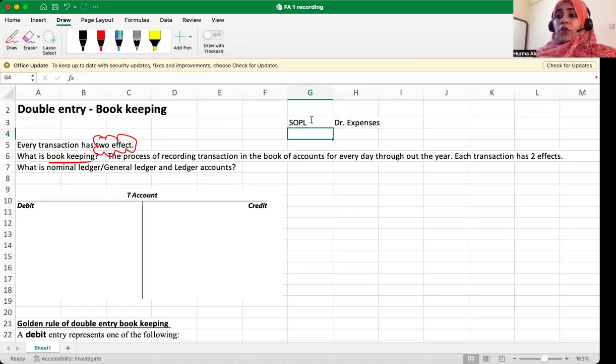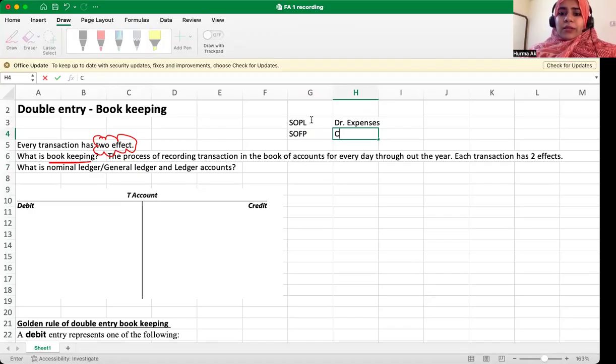And the cash, or the money that you have paid to purchase that raw material, is reducing. So it will go to an asset. Cash is an asset. So it will go to your SOFP, the statement of financial position, which is basically your balance sheet. That will go credit.